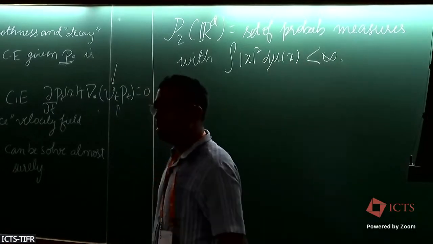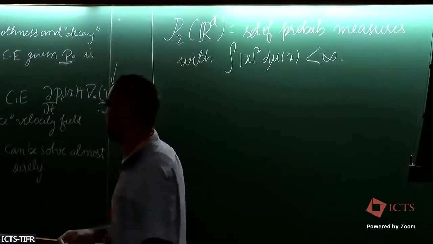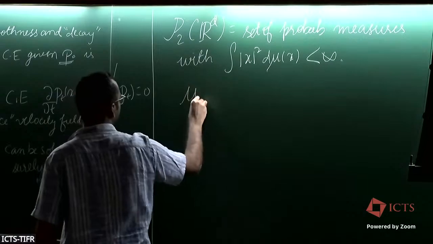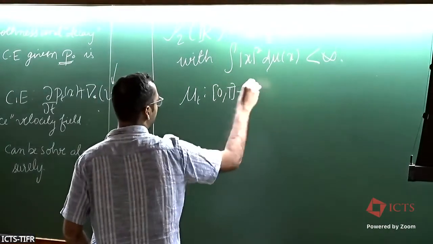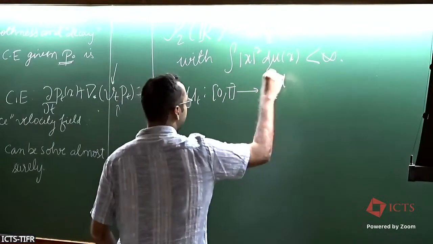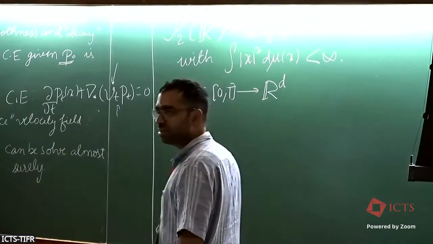Now we can think of curves in this space. We parameterize curves, that is, mu_t is a function from [0, 1], let's say, or [0, T], to P2 of R^d. And we can also have a metric here called the Wasserstein 2 metric.